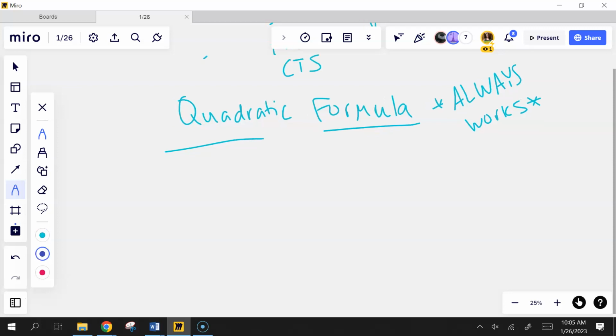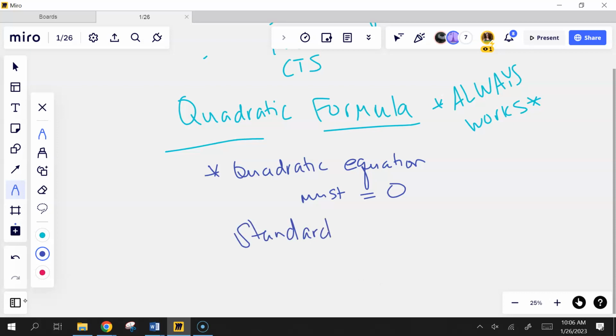Before you start, your quadratic equation must equal 0. And it's easier if you put it in standard form before you start.